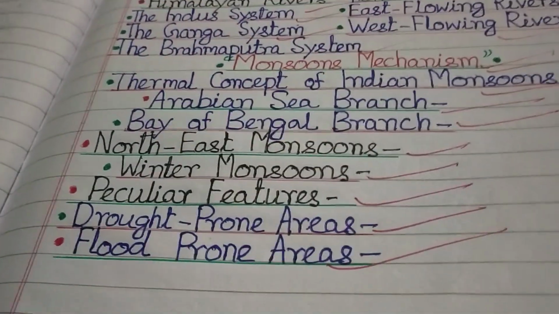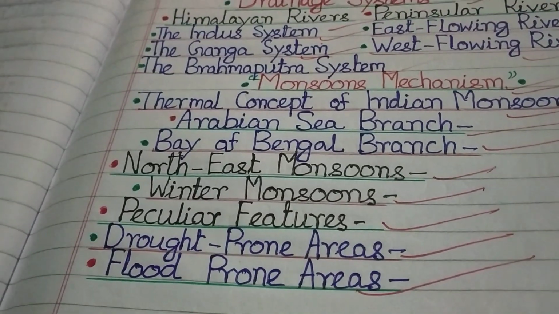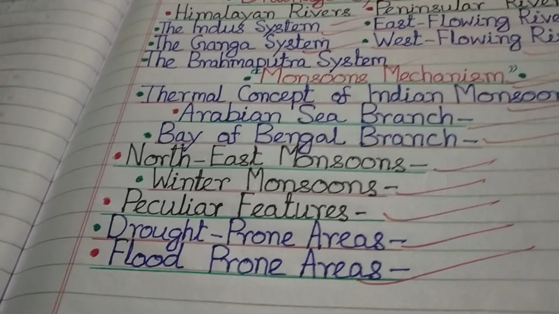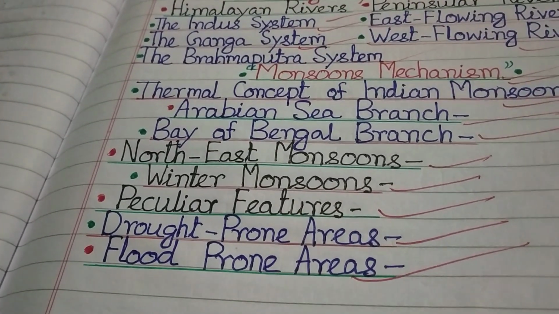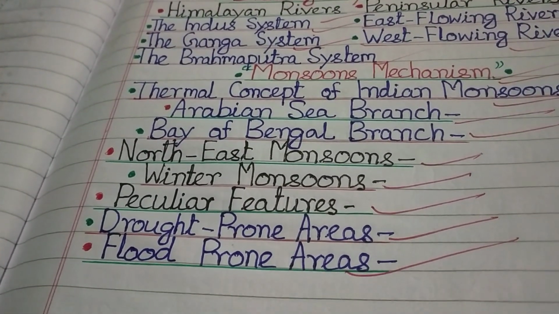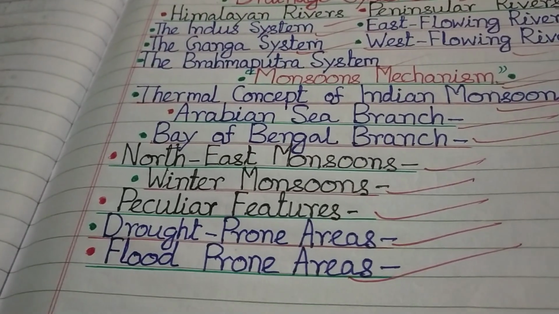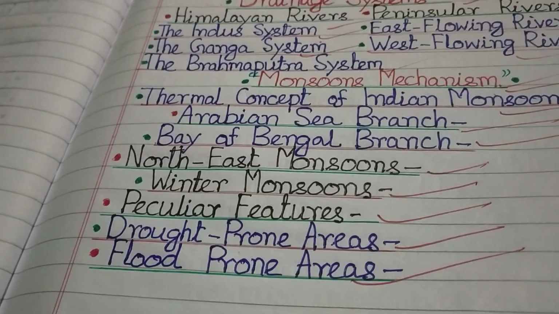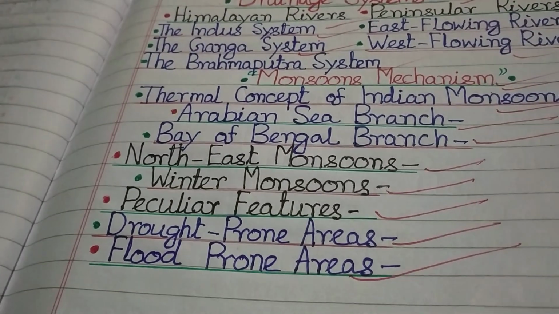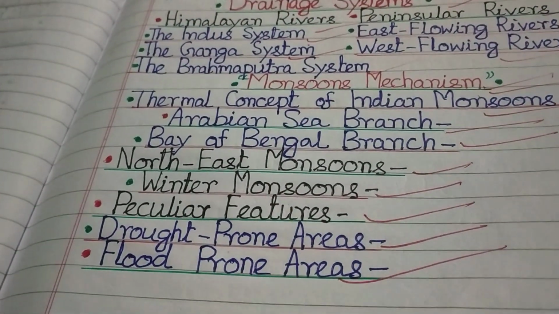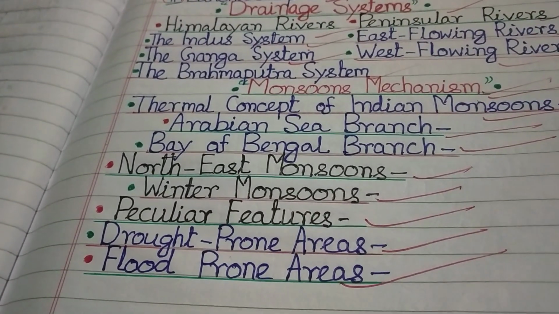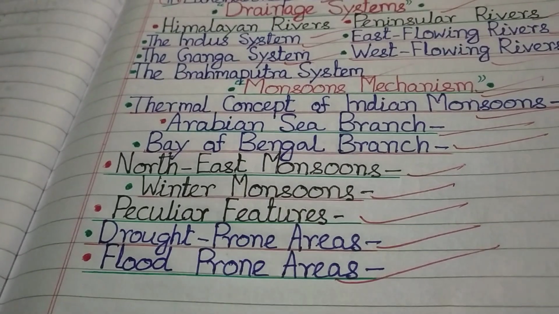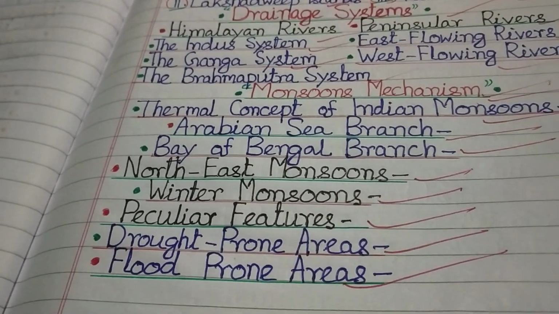The two main branches of Indian monsoon winds follow different courses, but originally they set out to fill the intense low pressure void created in the northwest of the subcontinent. The two branches meet at the Chotanagpur Plateau. Of the total moisture carried by the two branches, only 20% falls as precipitation.